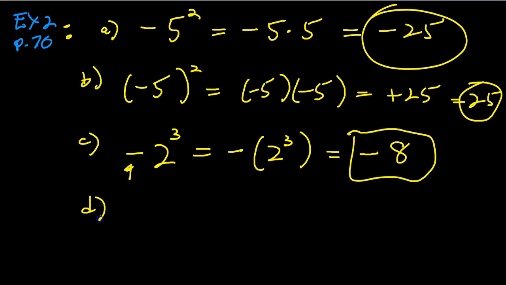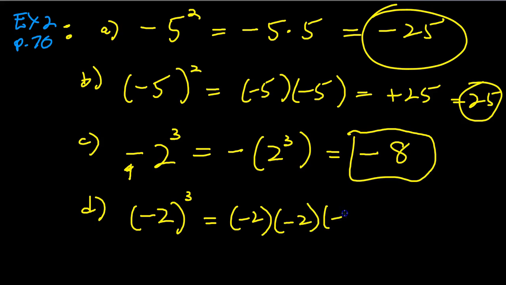All right, somewhat similarly, again, minus 2 to the third power. That's going to be 3 factors of minus 2. And if I've got 3 negative factors, of course, when I multiply them together, I'll get a negative return. Negative times negative is positive, and then positive times negative will give me a negative result.